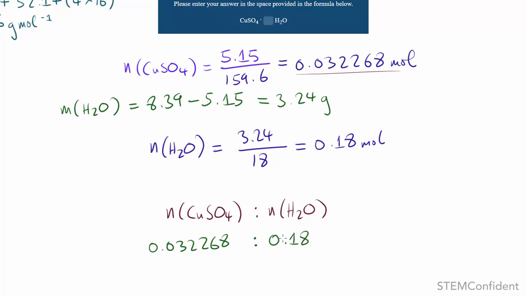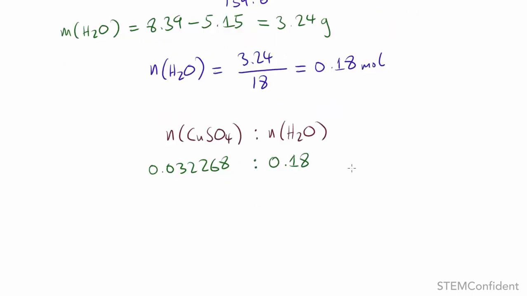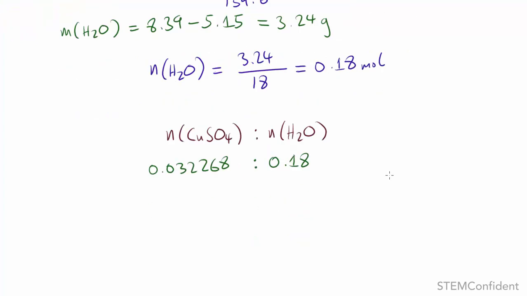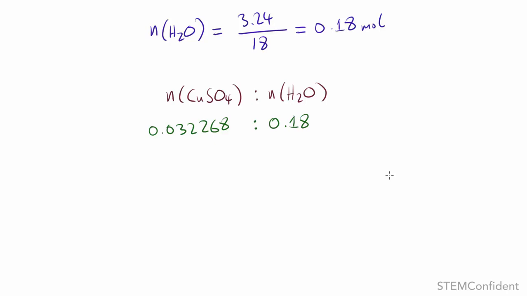Once again, the real question we're looking at is, for every 1 mole of CuSO₄, how many moles of H2O? And we're looking for an integer value. In order to progress, what we want to do with these molar values is get at least the one relating to the CuSO₄ to be a value of 1. What's the fastest way to do that? If we've got a value, how can we get it to 1?